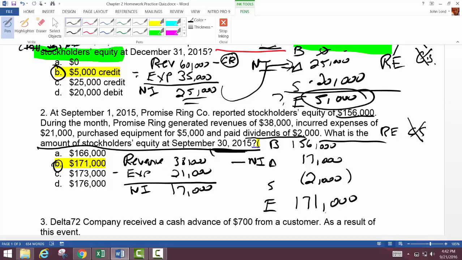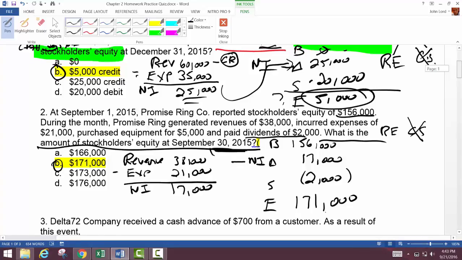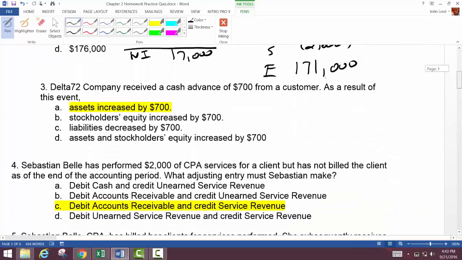If I had borrowed money for this equipment, my asset equipment would have gone up, but my liability also would have gone up. My accounting equation would have stayed in balance, right? There is no stockholders' equity, in this example retained earnings, impact for the purchase of equipment. Okay? All right, good. Let's take a look at this next one.